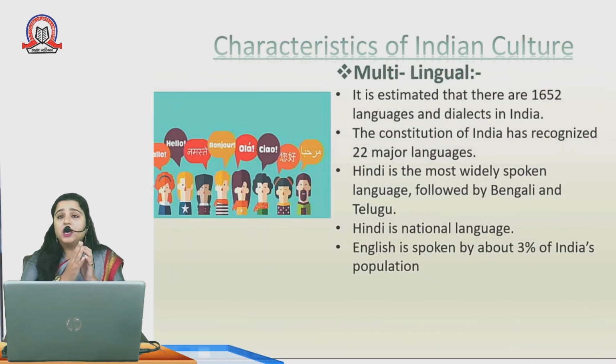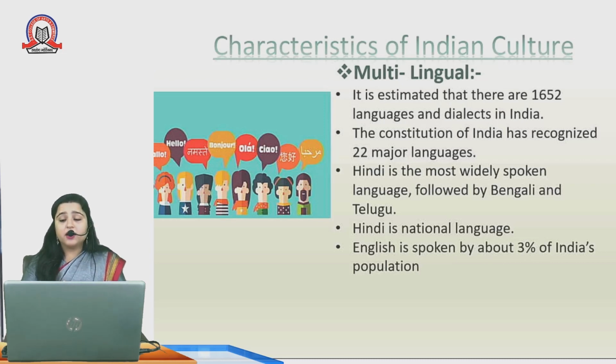Now, let's go to the characteristics of Indian culture. As we have studied, in India we have multiple languages. You might have seen that many people speak English, Hindi, Telugu, Marathi, etc. So, India is considered a multilingual country.